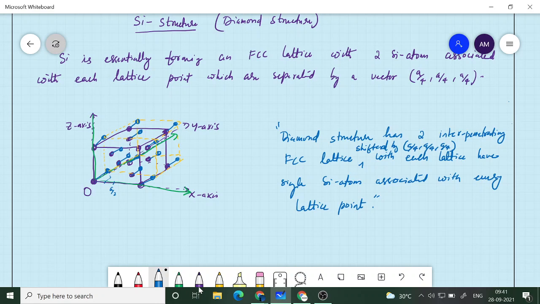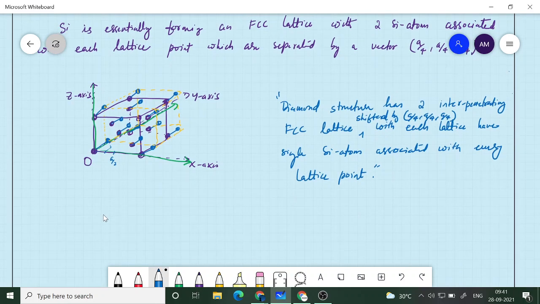lattice points in each FCC lattice. So in the second FCC lattice, only 4 of those lattice points are going to be inside the first unit cell of the first lattice. So therefore, altogether there will be 8 atoms in the unit cell, which is spanned by a length A. This length is called the lattice constant.